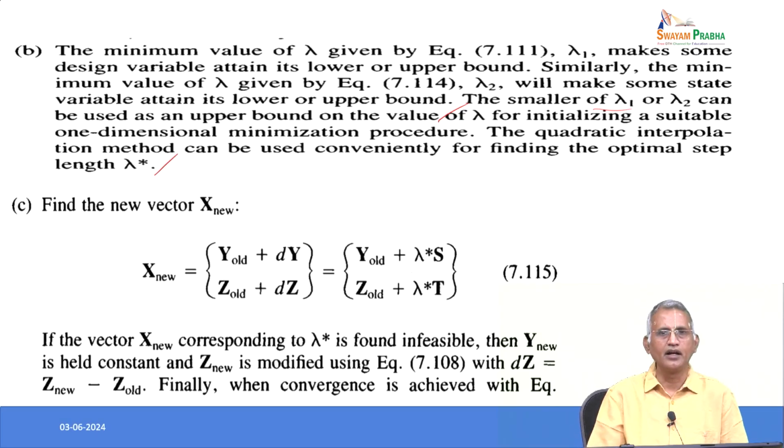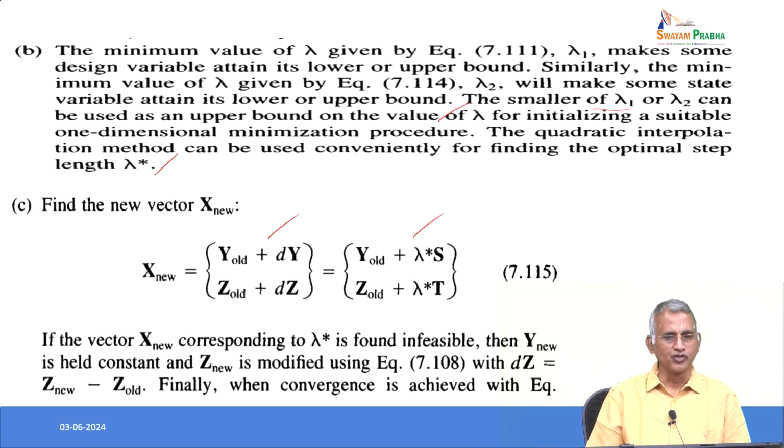So, find the new x such that x new equals y old plus dy, and the corresponding z is z old plus dz, which is equal to y old plus lambda star S and z old plus lambda star T. So, this is how the new vector can be determined.